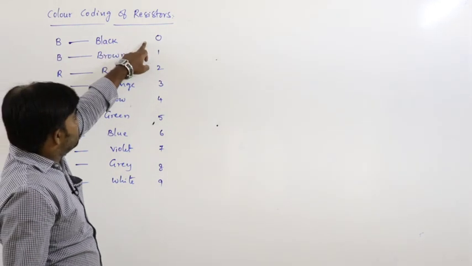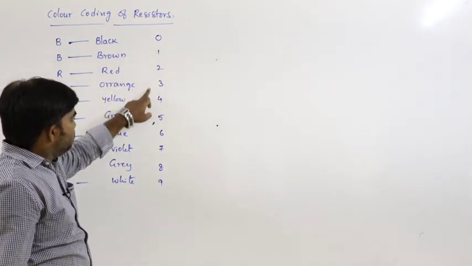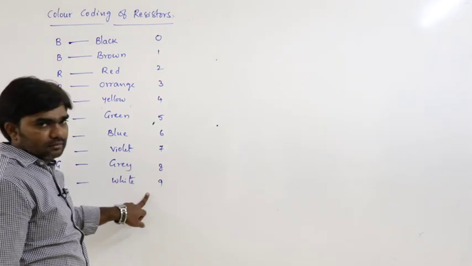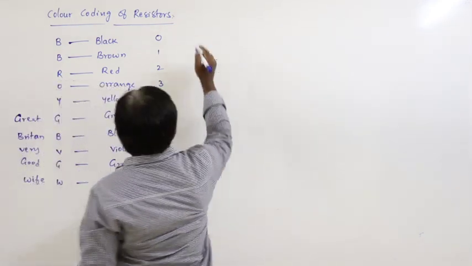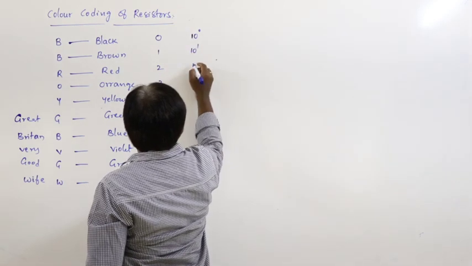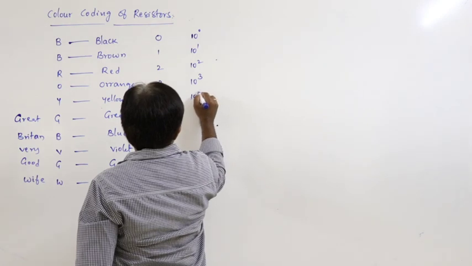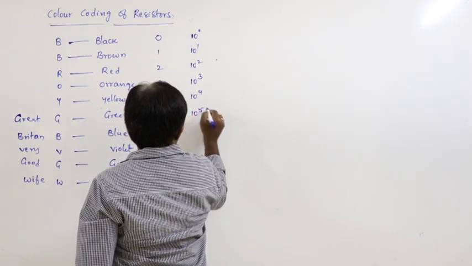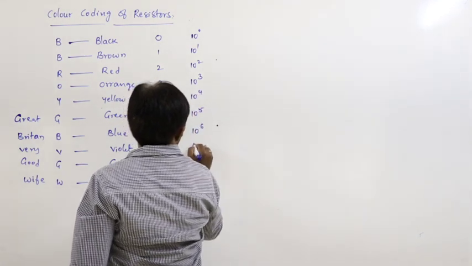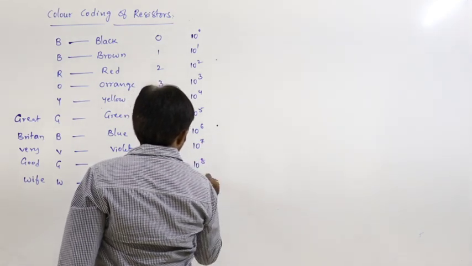Black is 0, brown is 1, red is 2, and so on up to 9. For multiplication, black is 10 power 0, brown 10 power 1, red 10 power 2, then 10 power 3, 10 power 4, 10 power 5, 10 power 6, 10 power 7, 10 power 8, 10 power 9.